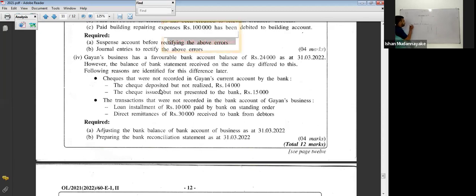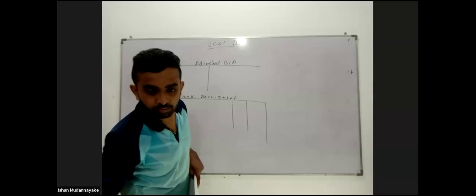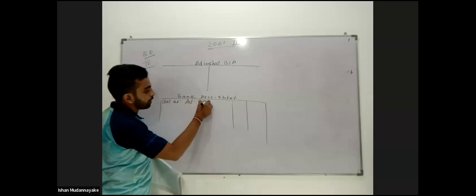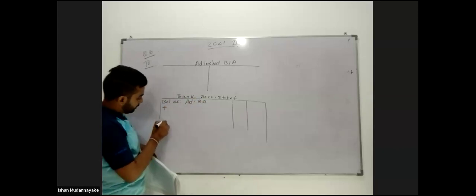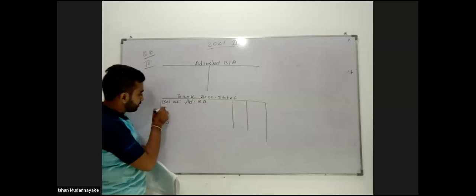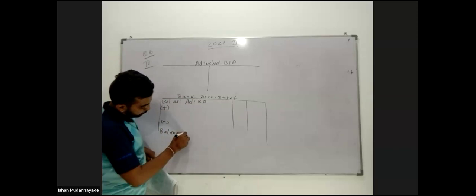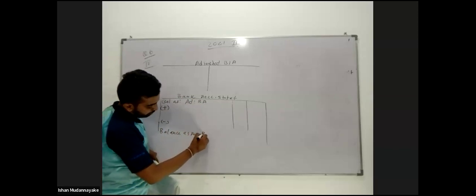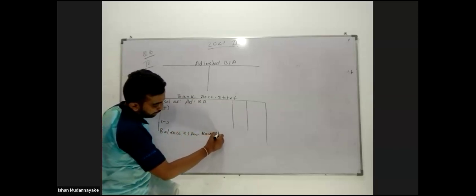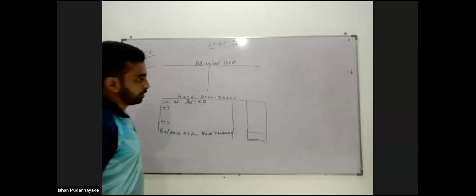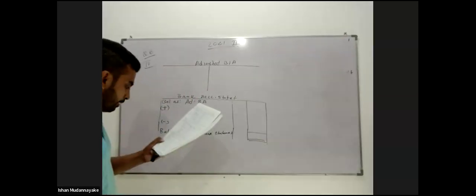Here, balance as per adjusted bank account, plus, minus, and then here, balance as per bank statement.